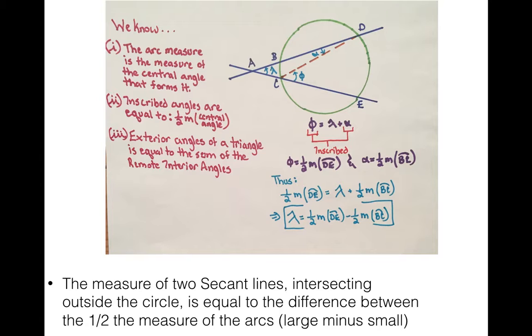intersecting outside the circle, and we use our knowledge of remote interior angles, and we drop a chord from D to C, and there we can see that phi is equal to lambda plus alpha, but we know from previous proofs that phi and alpha are inscribed angles, and we use our knowledge of that to solve for lambda, and we end up with lambda is equal to 1/2 the measure of the larger arc DE minus 1/2 the measure of arc BC, which is the smaller arc.